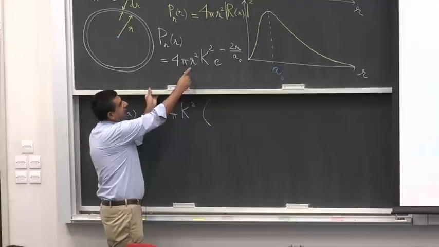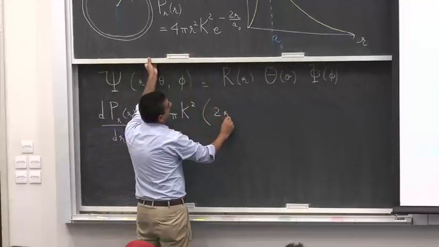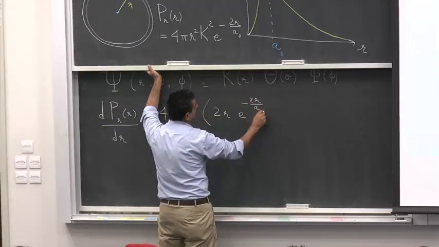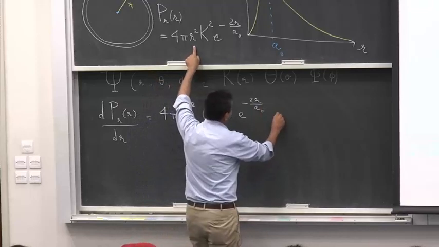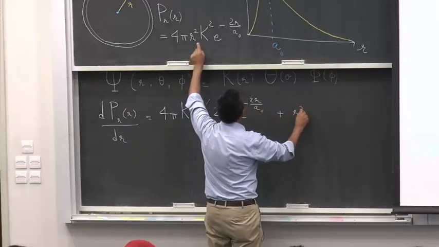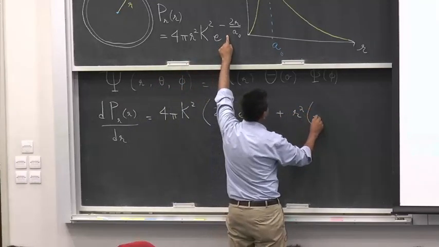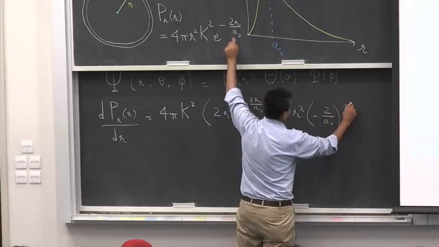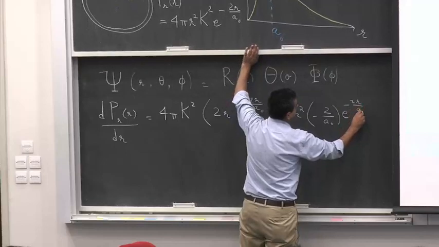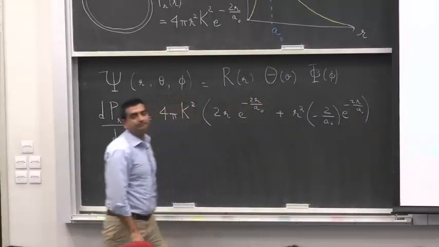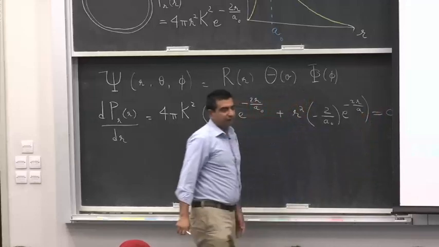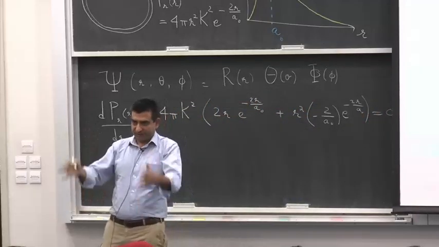First I take the derivative of this 2r, and the exponential factor just comes along to the right. Then I take r squared and I take the derivative of this exponential function, minus 2 over a naught e to the minus 2r over a naught. And I posit that this equals 0 because I would like to find out the maximum of the probability density.